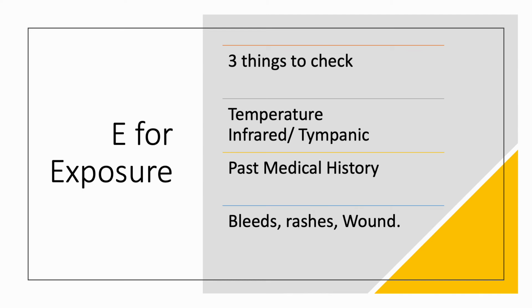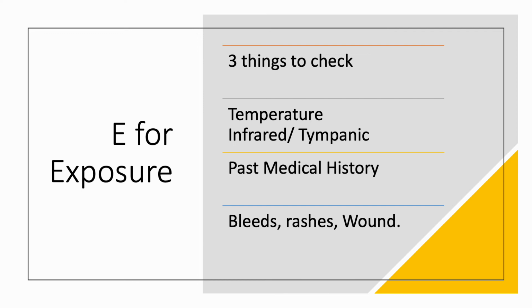And the second is past medical history. So you need to ask, what is your past medical history? Why is it very important? Without the past medical history, when you go to the implementation station and start giving medications, there are certain medications which you can't give because the patient may have a past medical history which can interfere with the current medication.